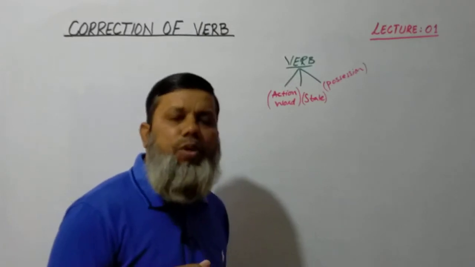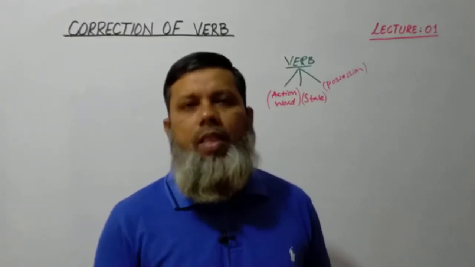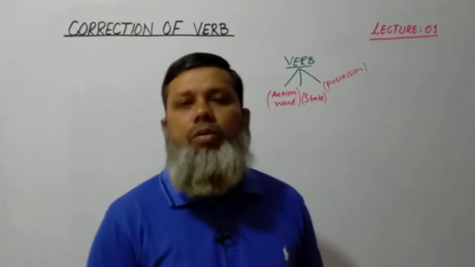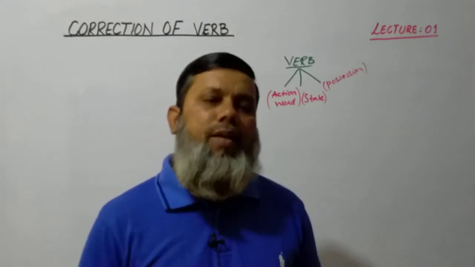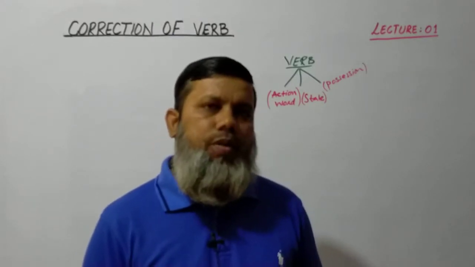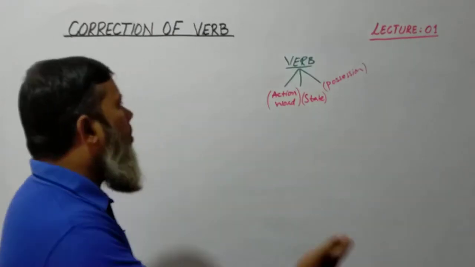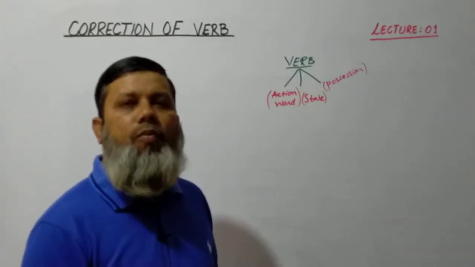So if you have understood what is a verb, then we'll come to the corrections of the verb. If you know what is wrong or what is right, then you can correct something wrong, otherwise not. If I say to you, this is a blackboard, you will not accept my words. Why?